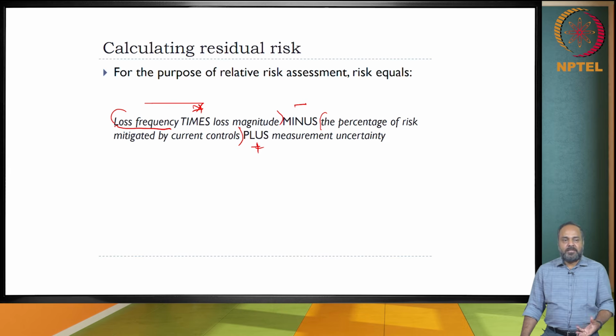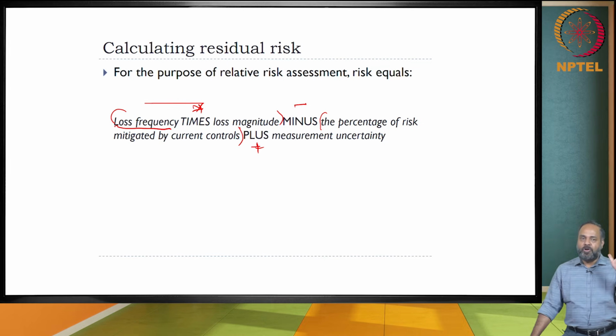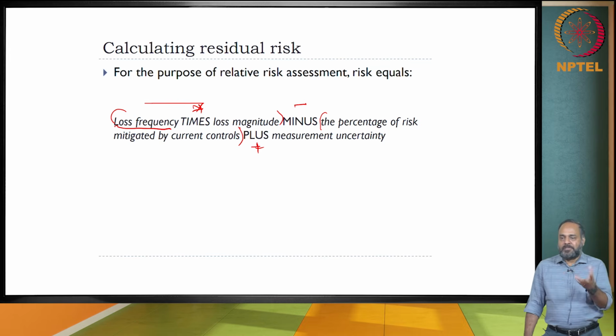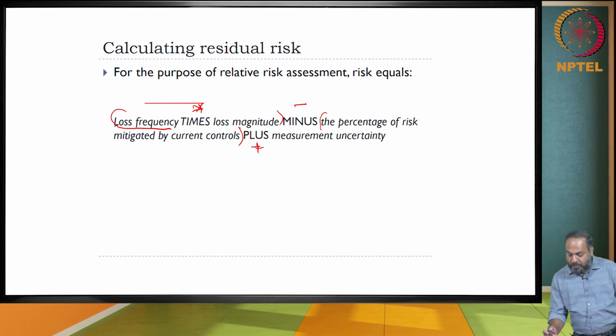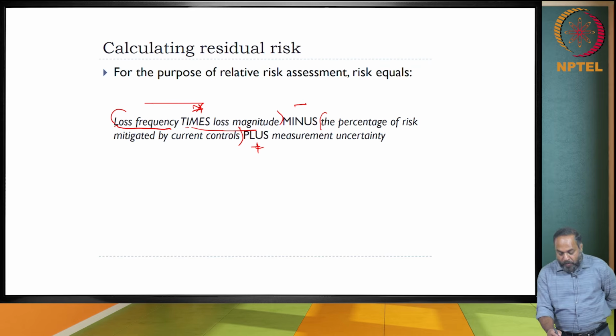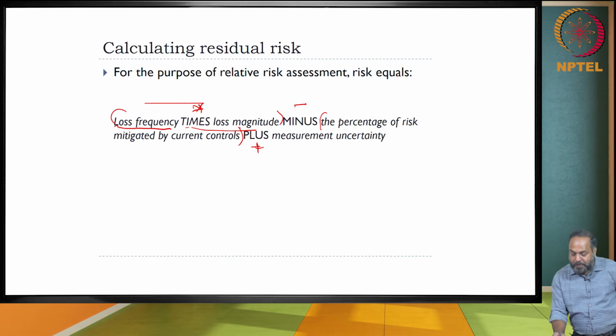Typically you will think that this is the risk, but it does not stop there. Probability into impact, usually risk is described as that: what is the probability of something going wrong, times what is the impact. But you can see this is a more detailed formula. That is one aspect of risk, loss frequency into loss magnitude, or probability into impact, minus the percentage of risk mitigated by current controls.